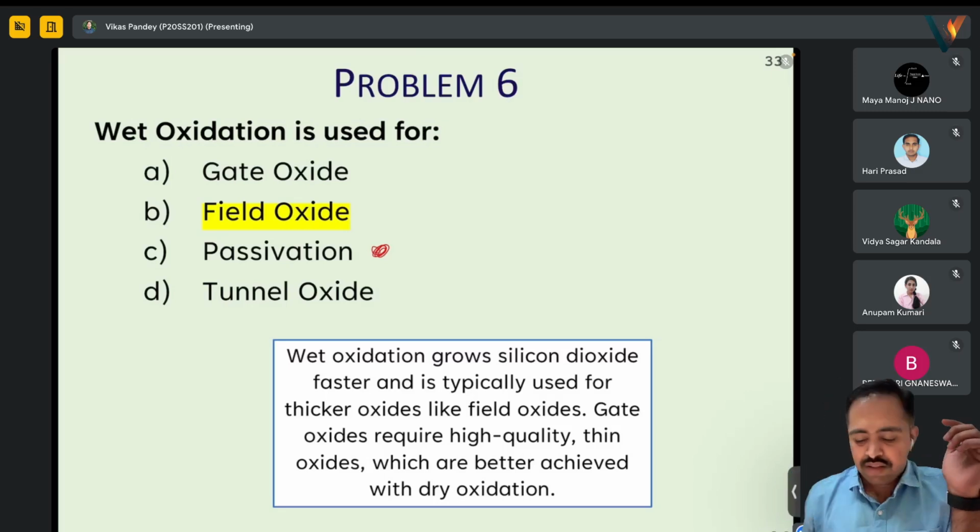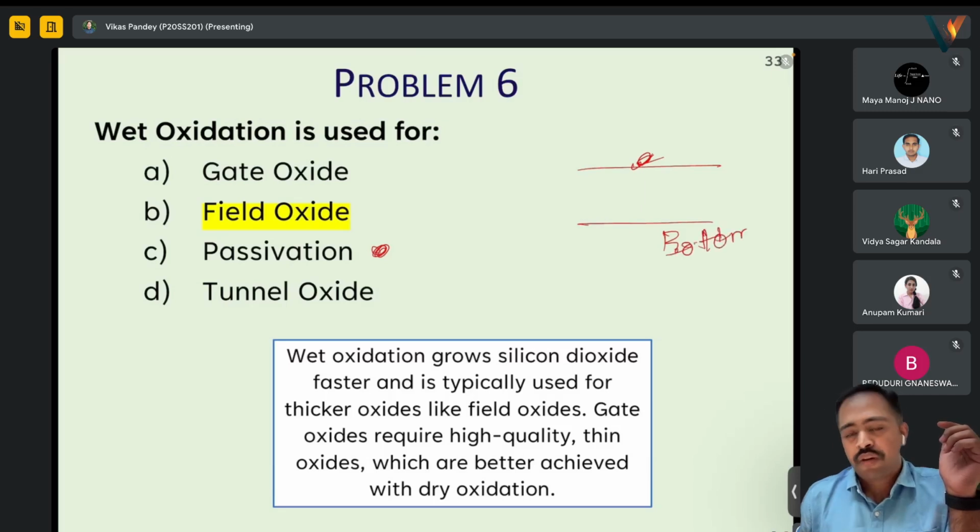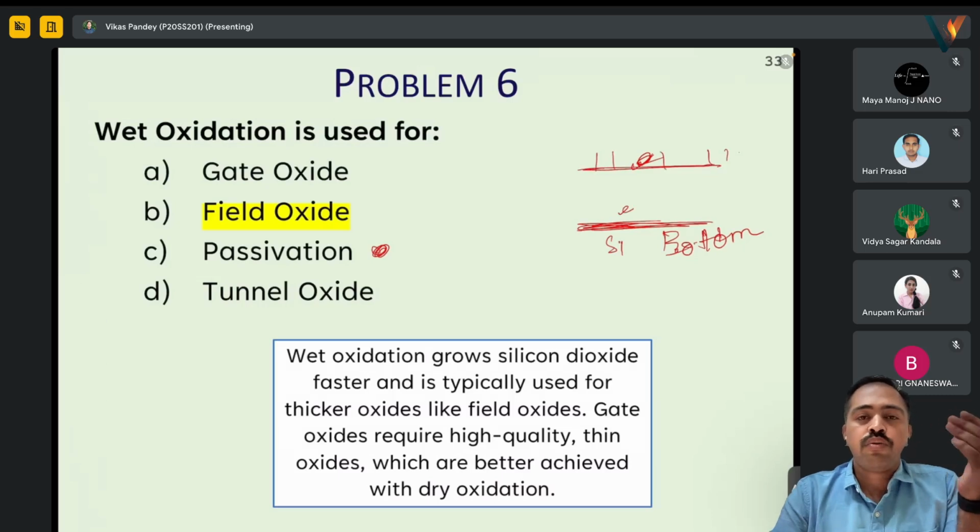Like I said, at interfaces we might need good quality, maybe on top and bottom. At the bottom it is the interface between silicon and SiO2, and the top is where we will further do some processes.